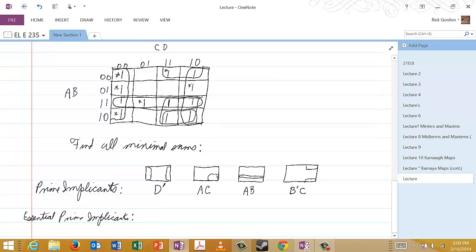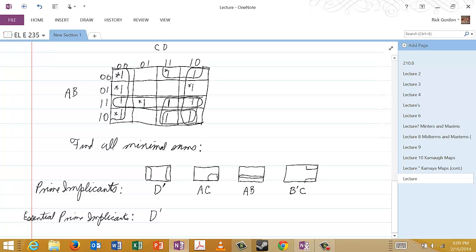So, now that we've identified our essential 1 cells, let's identify the essential prime implicants. What about D prime? Well, you can see that D prime has several essential 1 cells, so indeed it is an essential prime implicant. What about AC? That's these 4 cells down here in the bottom.